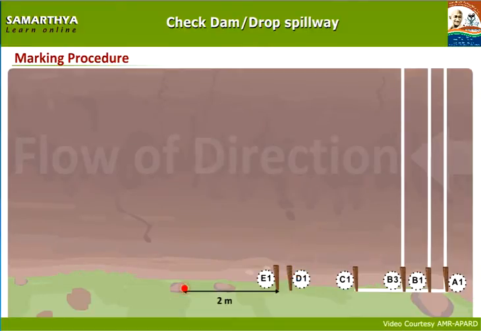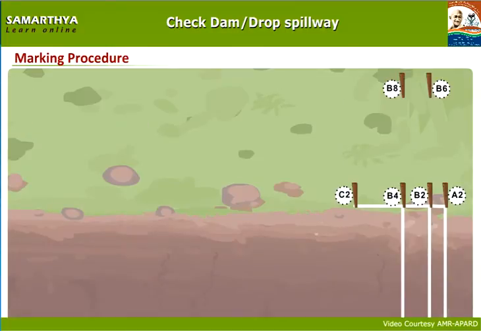From E1, at a distance of 2 meters, fix a wooden pole and mark it as F1. From F1, at a distance of 0.60 meters, fix a wooden pole and mark it as G1.